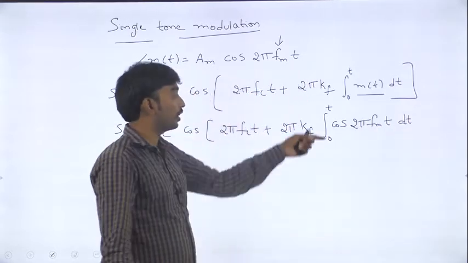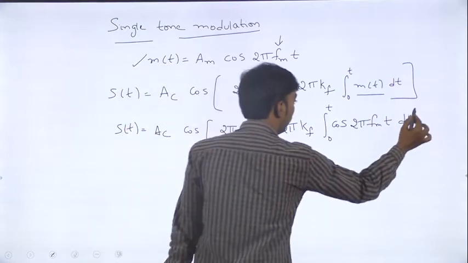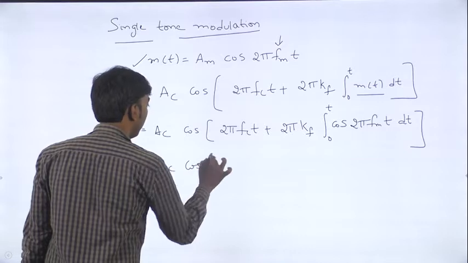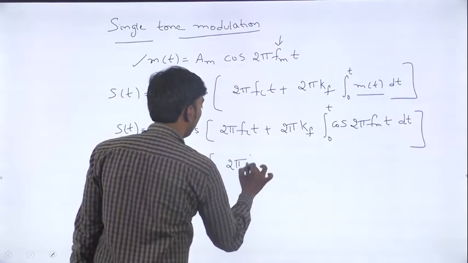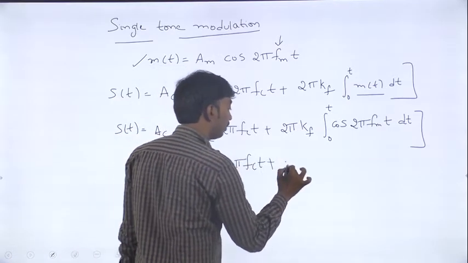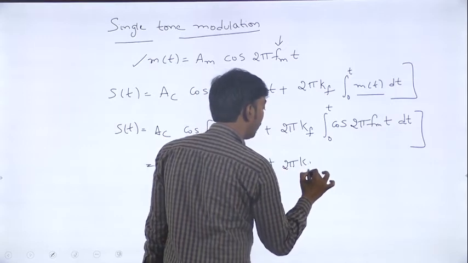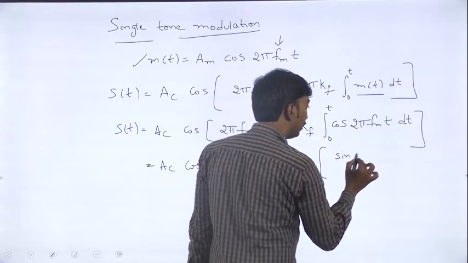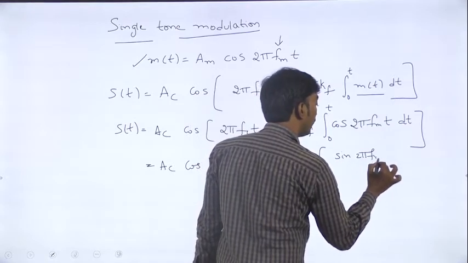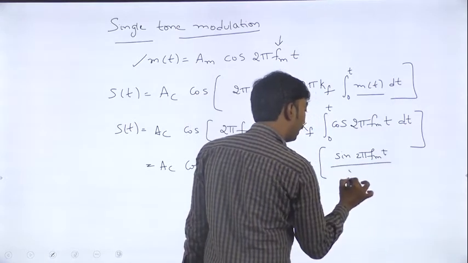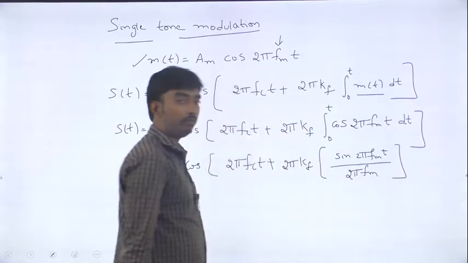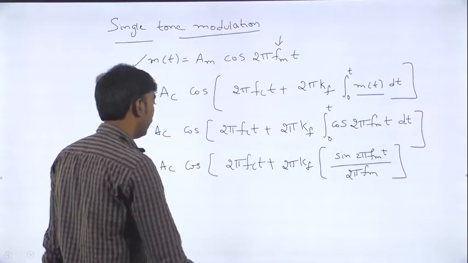Now what is the integration for cos 2 pi fmt dt? If we do that, we will get the modulated signal. Cos of 2 pi fct plus 2 pi kf. Cos becomes sin 2 pi fmt divided by 2 pi fm. That's it.